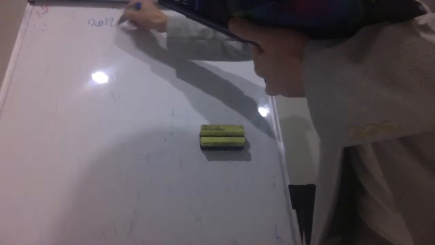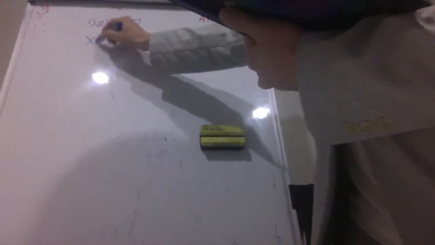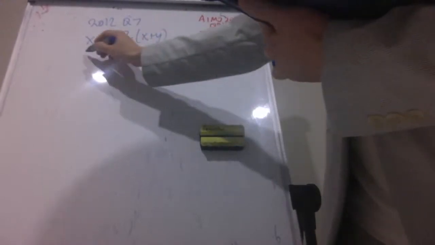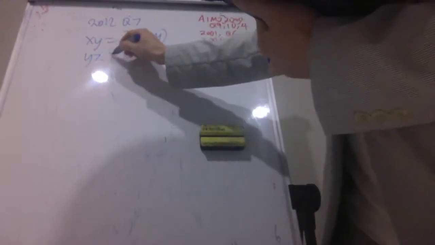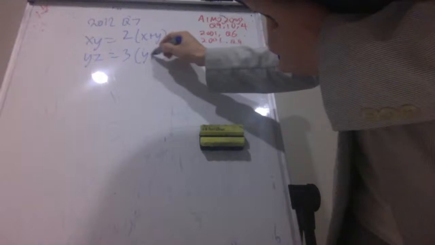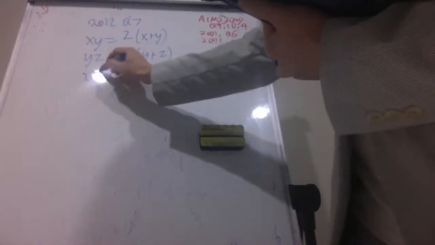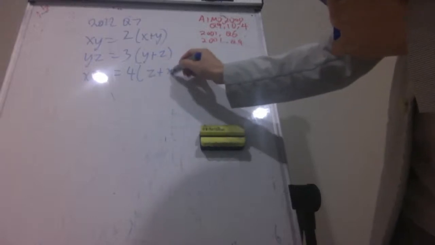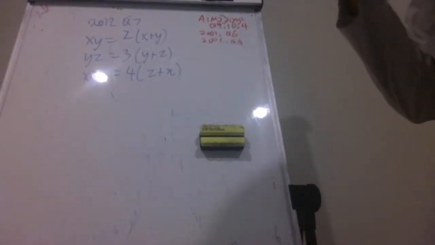Yeah. 2012, question 7. What's this one with x, y equals 2 x plus y, yeah? And this one? Do you know do that? Yeah. I just kind of want to summarize.